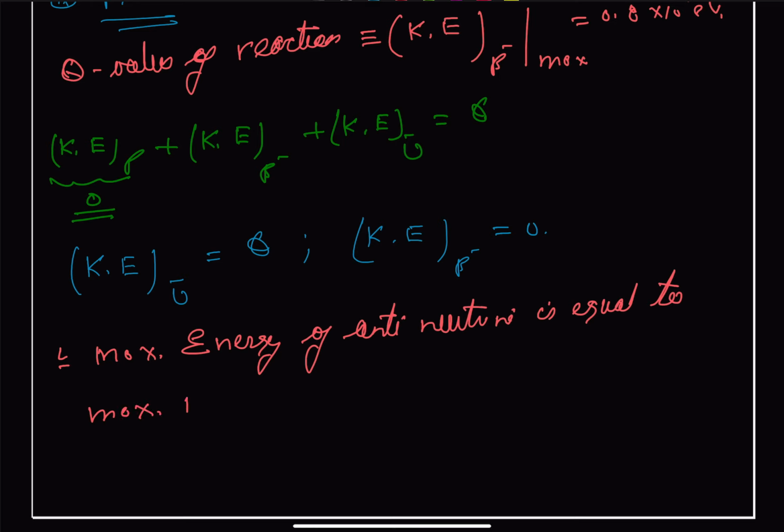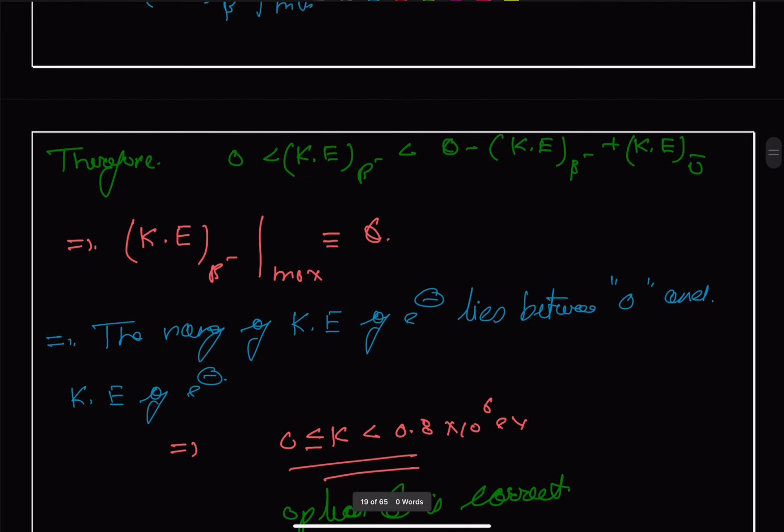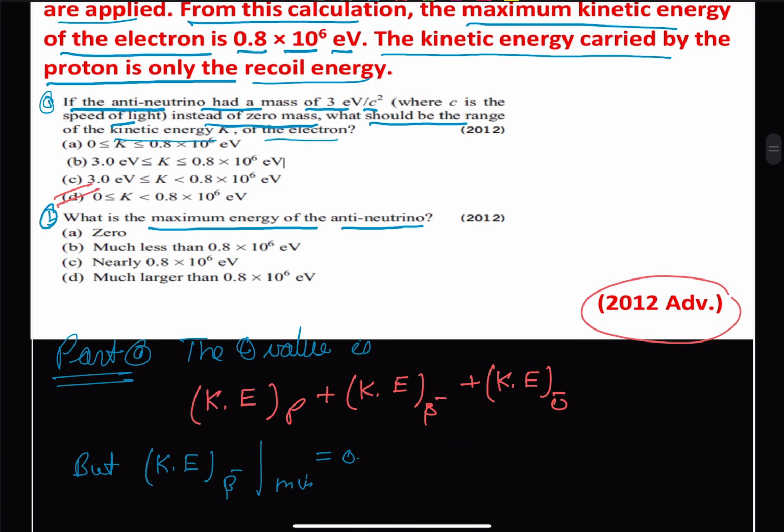And this maximum kinetic energy of the electron is already given to us as 0.8 into 10 to the power 6 electron volt. So clearly we can say option C is correct.